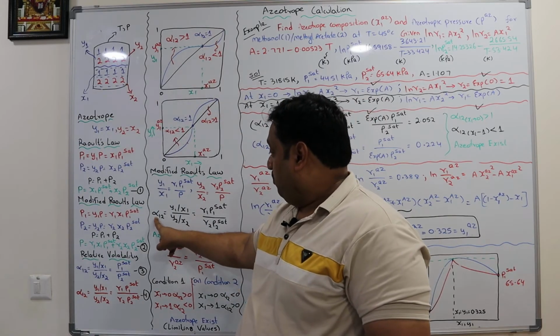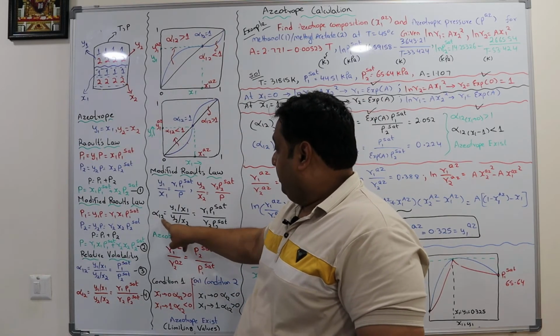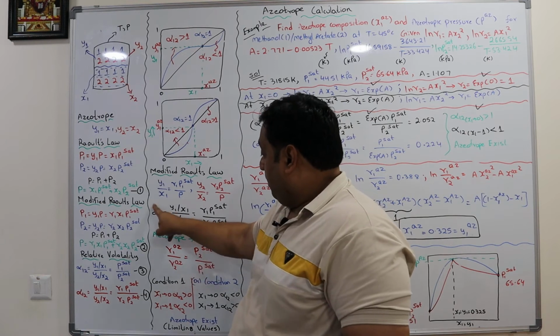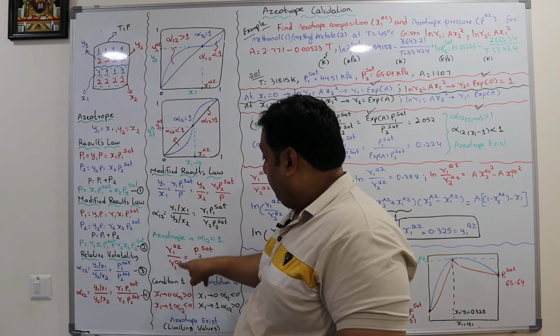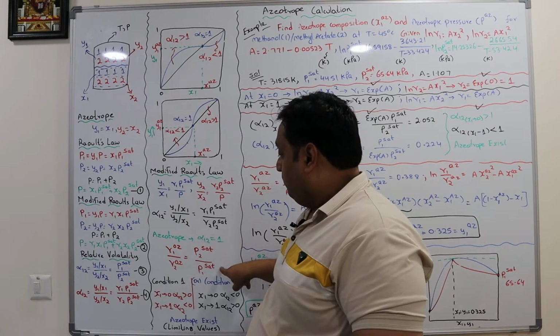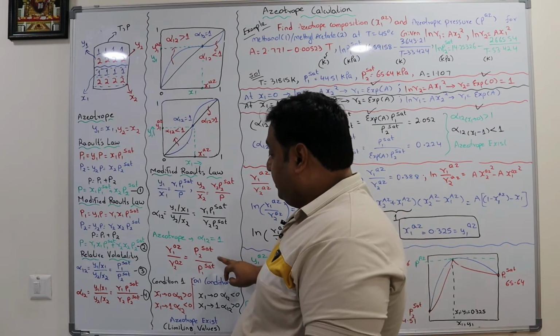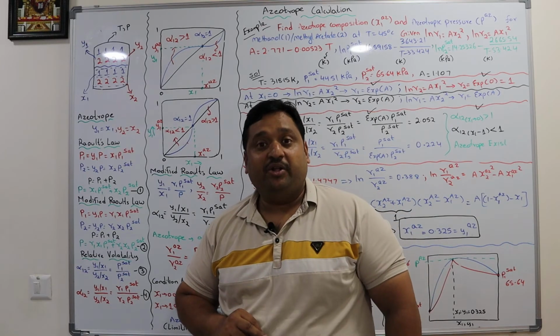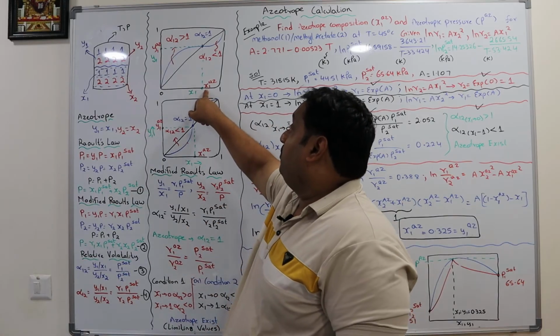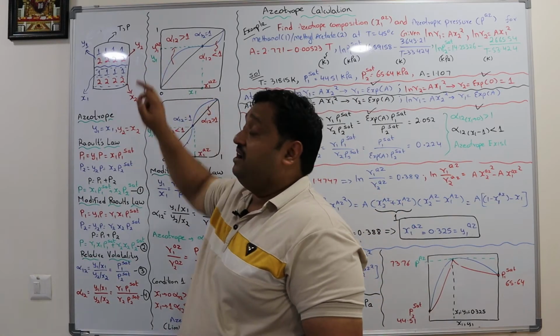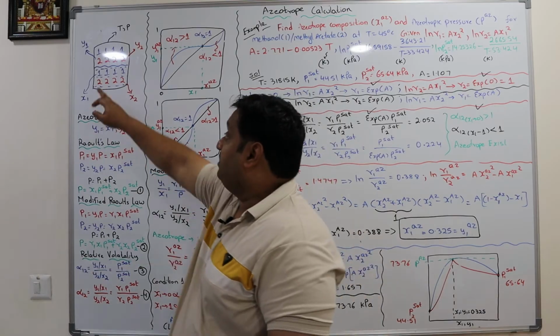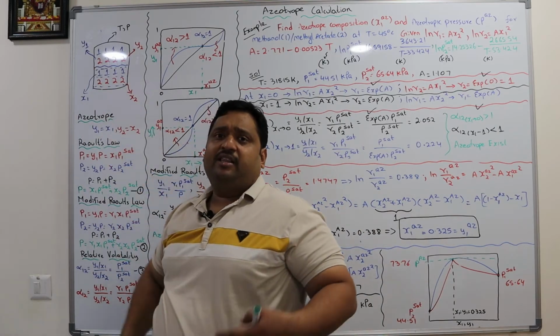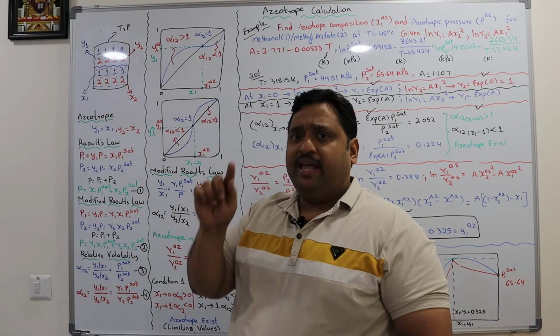So if it is equal to 1, then at this point gamma 2 azeotrope by gamma 1 azeotrope is equal to P1 saturated by P2 saturated. This is the equation we are going to use to find the azeotropic composition X1 AZ and Y1 AZ. That means X1, Y1 at the azeotropic composition is represented by AZ.